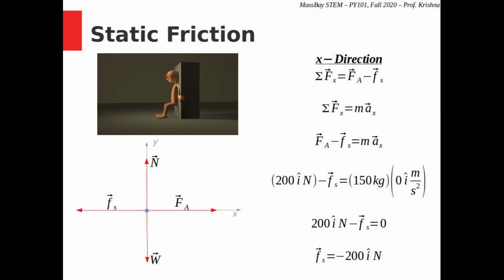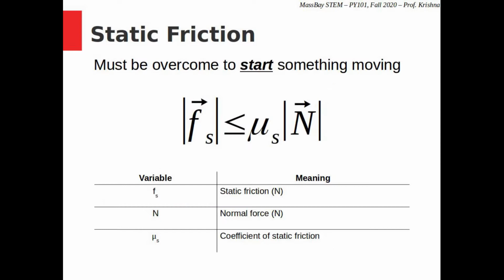The size of the static friction is capable of growing larger or smaller based on the sizes of other forces in order to prevent motion. If you push with 100 newtons, static friction increases to 100 newtons. If you push with 200 newtons of force, static friction increases to 200 newtons, and so forth.